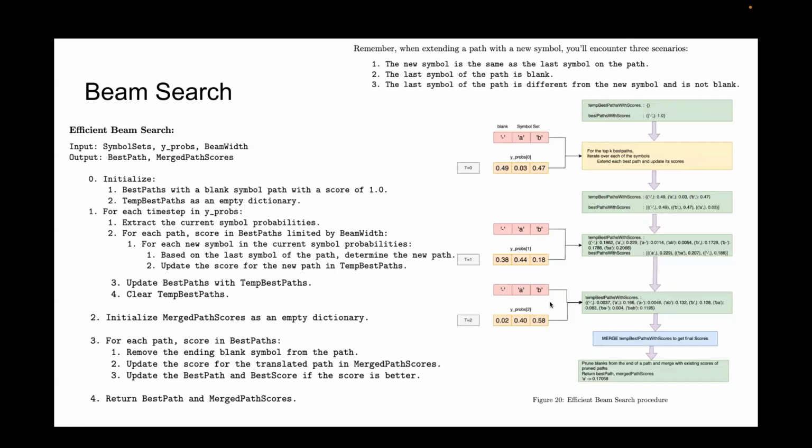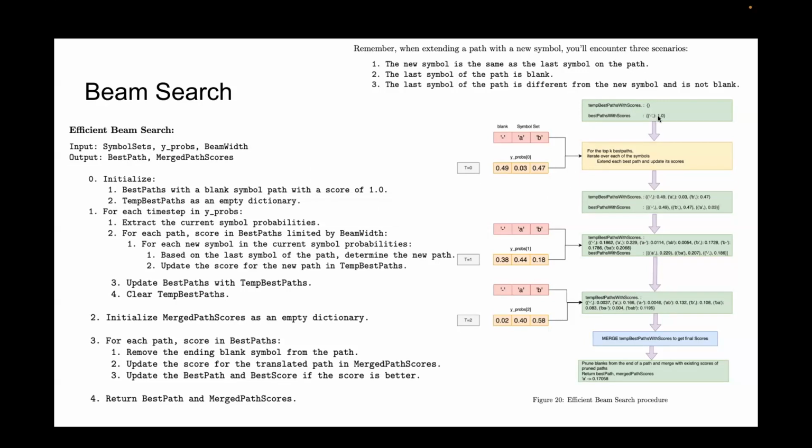On the right, I can take you over a small toy case. You start your beam search, you initialize your best paths with a blank symbol and a score of 1.0, and your temp best paths as an empty dictionary. Now for each of the time steps, here we have three time steps, T0, T1, T2, you get your current probabilities and expand your search.